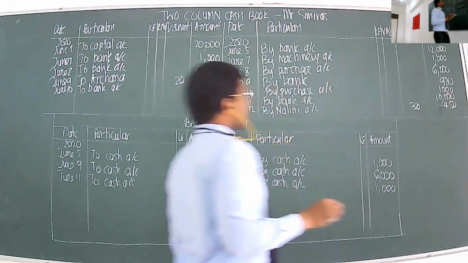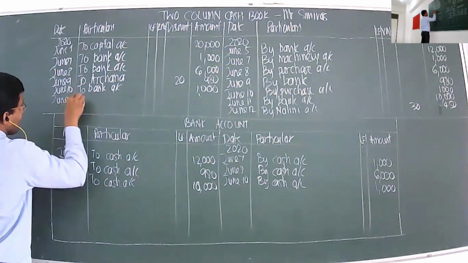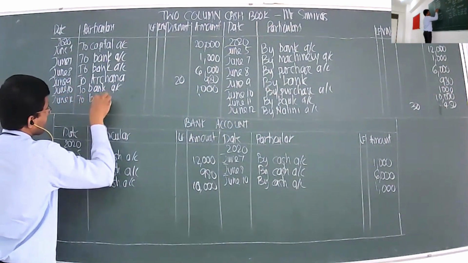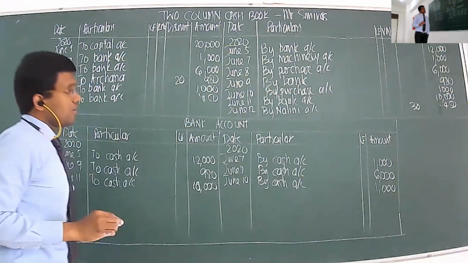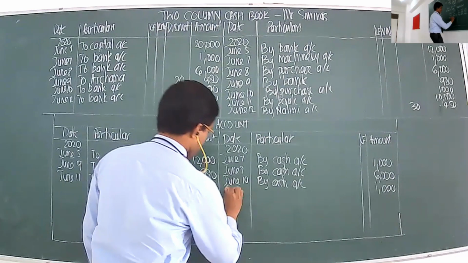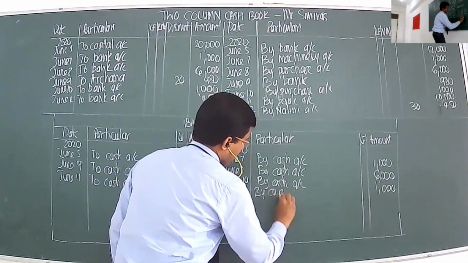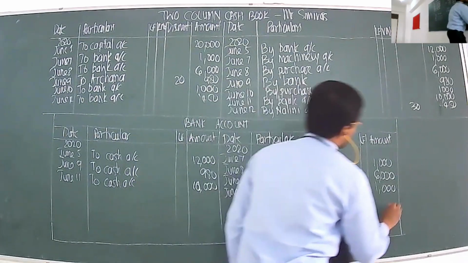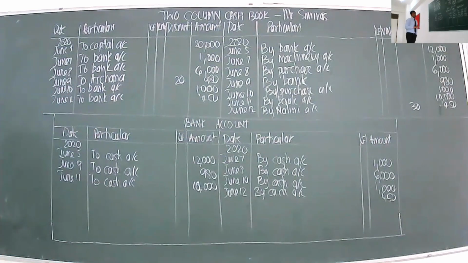Now remember, how was this payment made? This payment was made with the help of check. So again, you have to pass 2 more entries. Okay, so we are done with that.